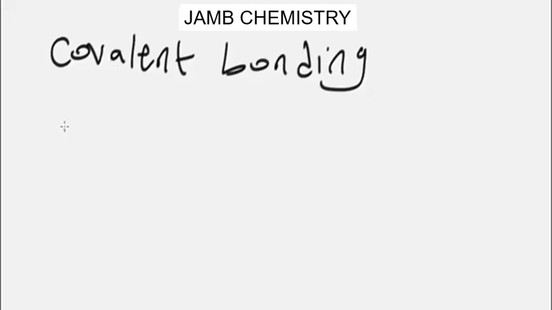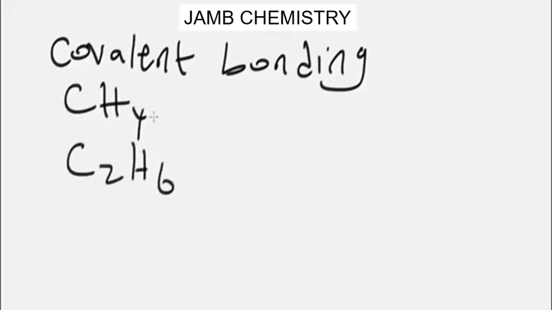Another thing you have to note is that, to help you out, all organic compounds are covalent compounds. They have covalent bonding in them. Example, we have methane, we have ethane, and the rest of them. Another example of covalent compounds is any inorganic compound that is not an acid, a base or a salt.